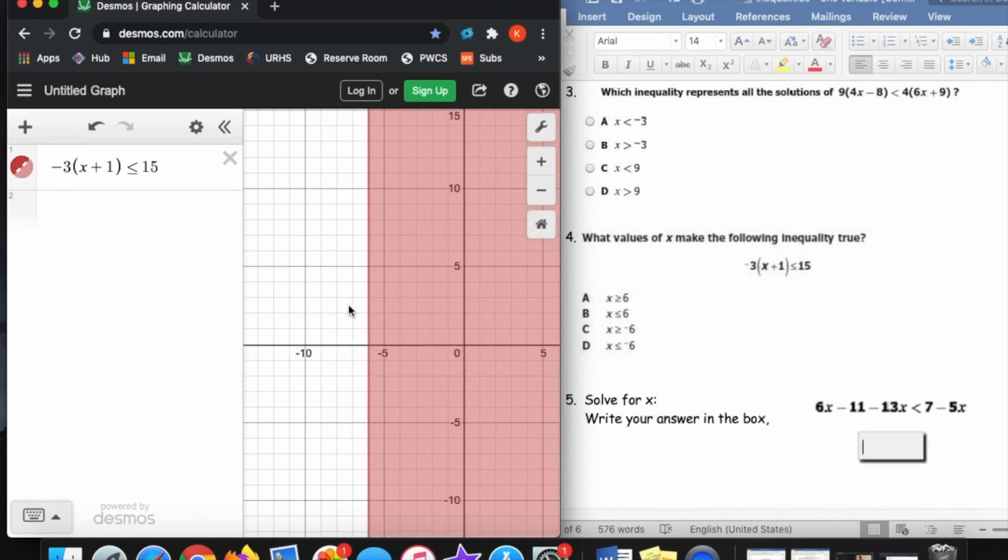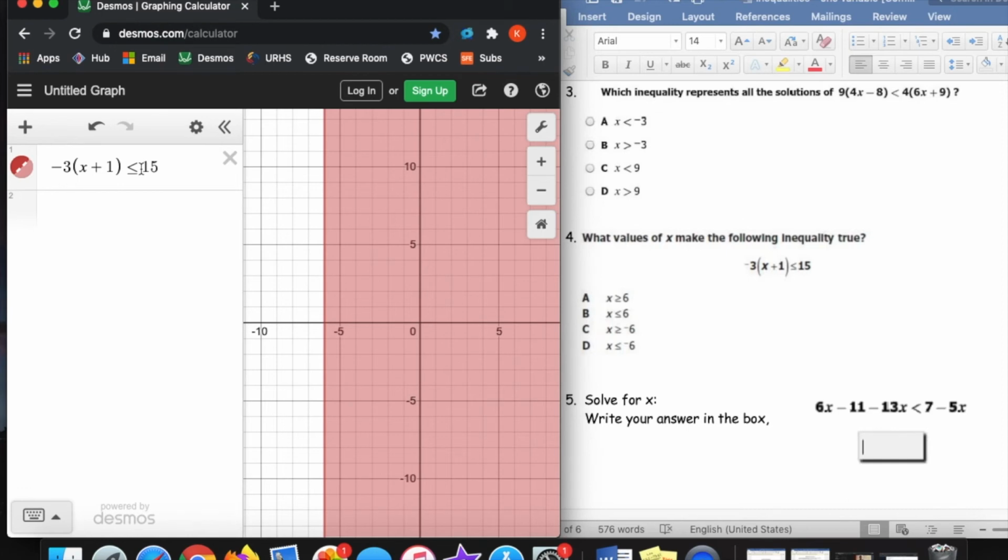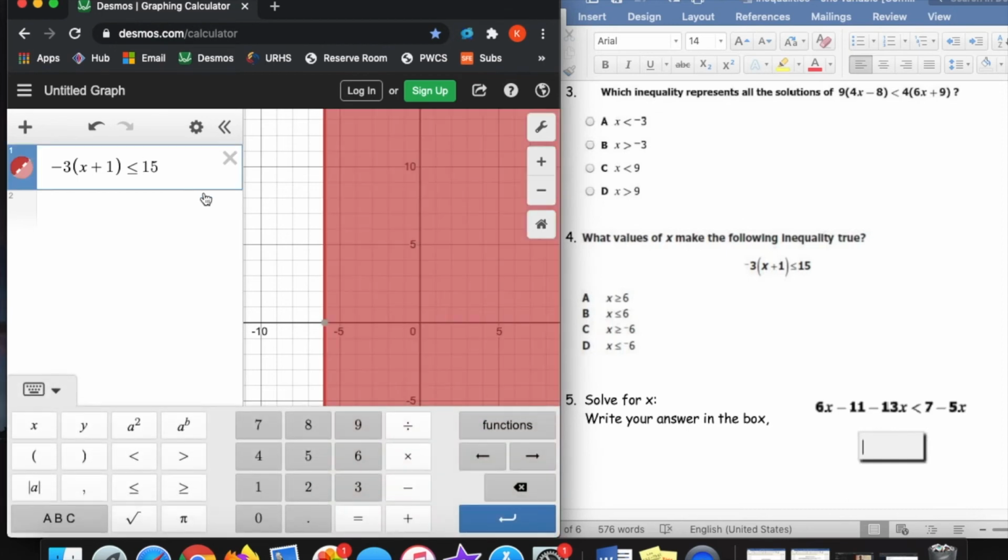One other thing with graphs, much more detail will be spent on this when we do graphing inequalities later on, but if you notice number 3, when I graphed that, it had a dotted line here. For number 4, when I graphed it, it's a solid line. That happens because of the equal to. That's the graph's way of doing what we did on the number line with an open circle and a closed circle.